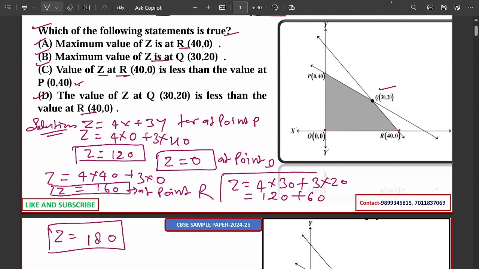This is the maximum value, maximum value at point Q, and point Q is 30 comma 20. So basically this is the solution of this question, and on the basis of this solution let us understand which will be the correct option.